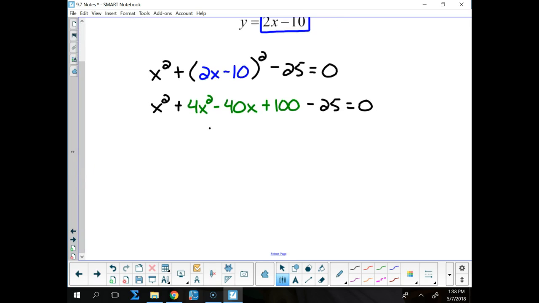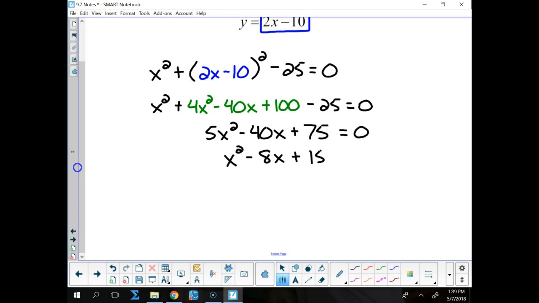That gives me 5x squared minus 40x plus 75 equals 0. Divide everything by 5 gives me x squared minus 8x plus 15 equals 0.